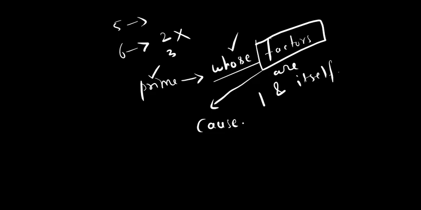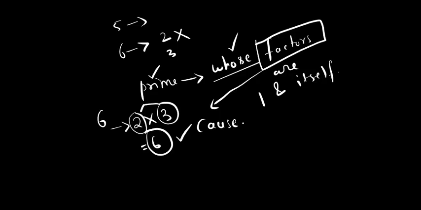In the same way, here also, for a number, see, 6 is a number. How has it been formed? By multiplying 2 into 3. 2 multiplied by 3 is 6, right? So, to get this number 6, we need the help of these two.